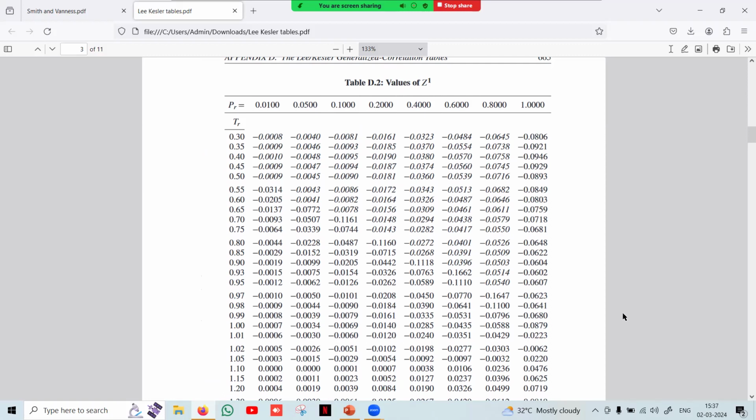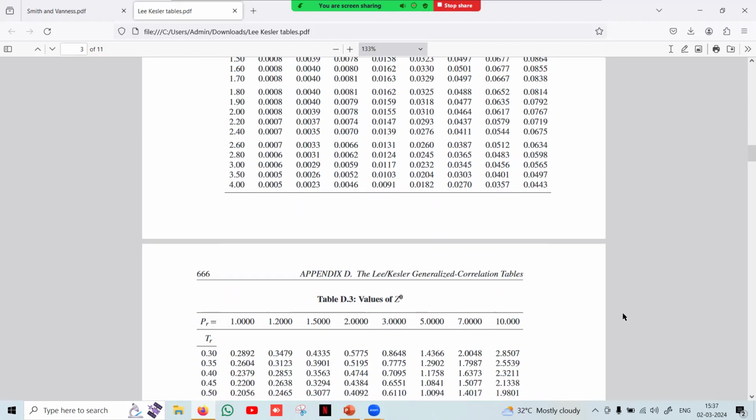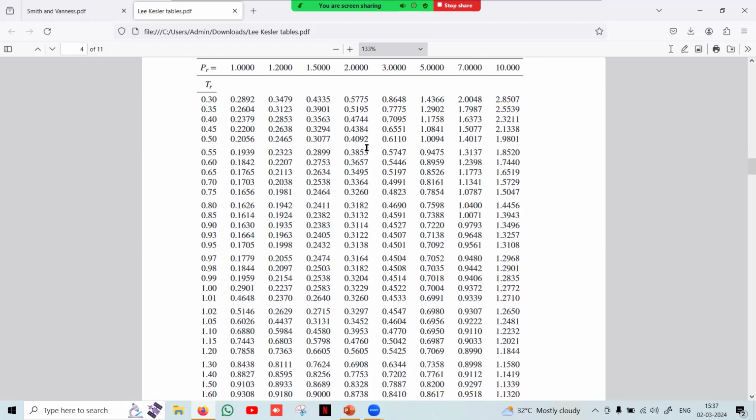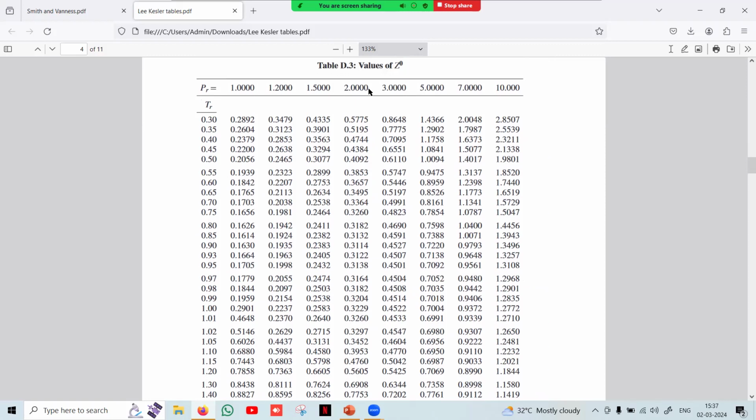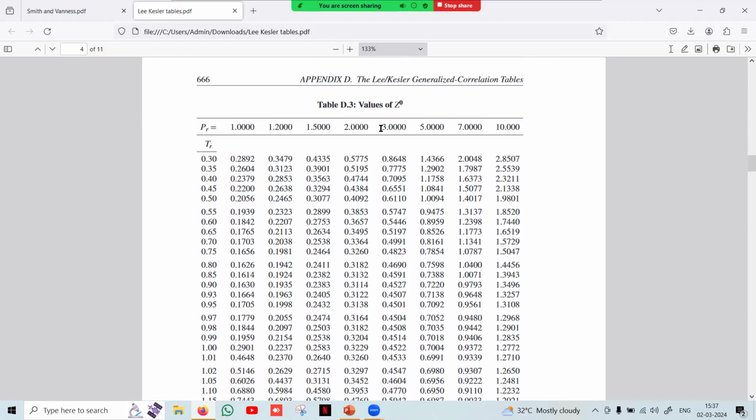So I'm going to table D.3, which is in the range of 1 to 10. Now I want to know where 2.4 is. In between this, so I need to do interpolation, right? And TR value is 1.3.